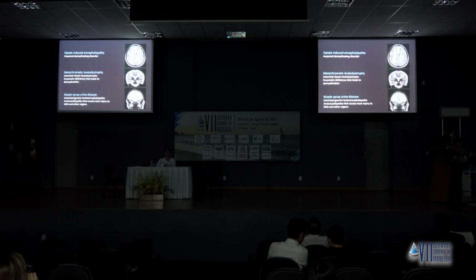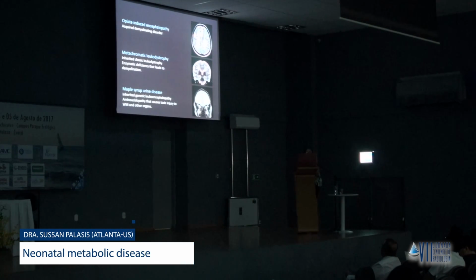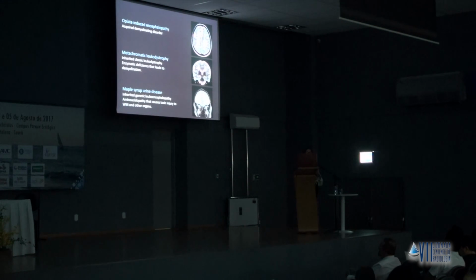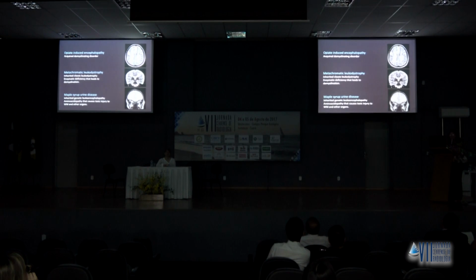Leukodystrophy, like I said, could be nonspecific in appearance. As you can see here, we have an opiate-induced encephalopathy at the top, which is an acquired demyelinating disorder, metachromatic leukodystrophy, which is an inherited disorder of myelination, what we'll be talking about today, and maple syrup urine disease, for example, which is a genetic leukoencephalopathy involving gray, white, and multiple organs.